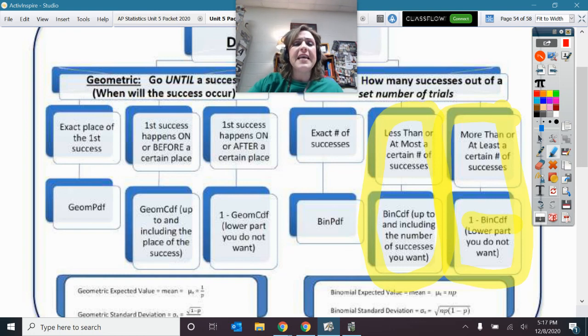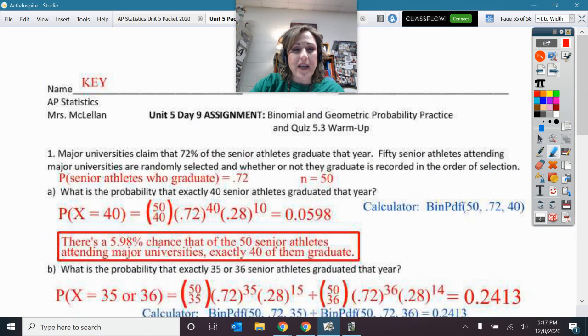Okay? This happens here also for geometric. If you want your first success to happen somewhere after a certain place, then you can do it a couple of ways. One is take off the bottom part. All right, I think that is all that we got going on.